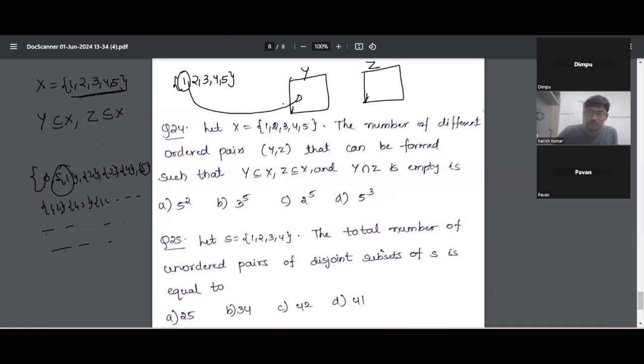Now let's come back to the question. What options does one have here? One can choose to be part of set Y, or part of set Z, or sit silently.